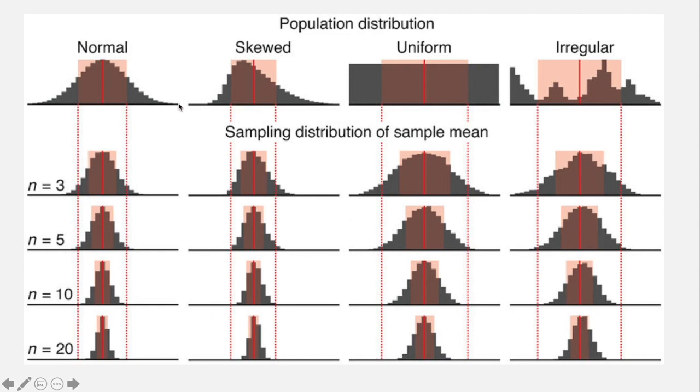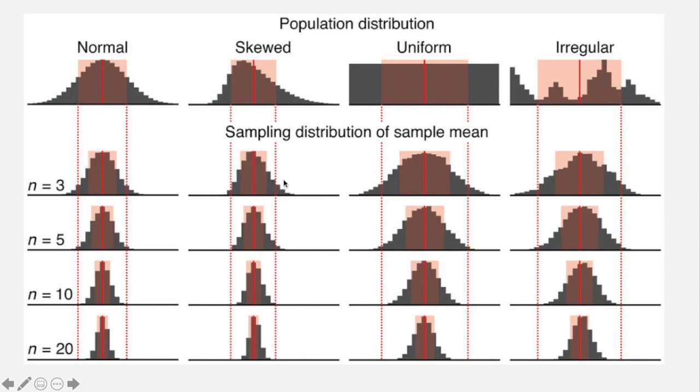So let's look at this. We have different types of distributions here. Let's say we have a normal distribution, and then these are the different sample sizes. Let's say the sample size was 3 for every single sample, but we took every possible sample. The normal remains normal, but it gets a little skinnier.